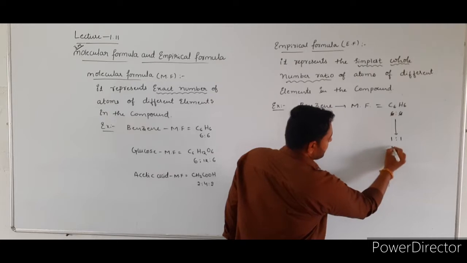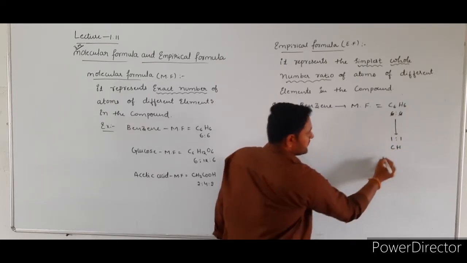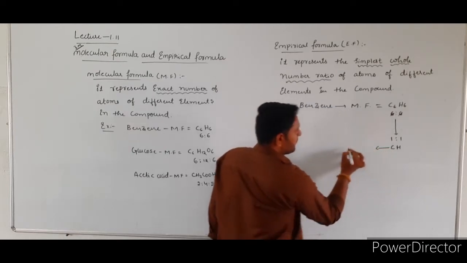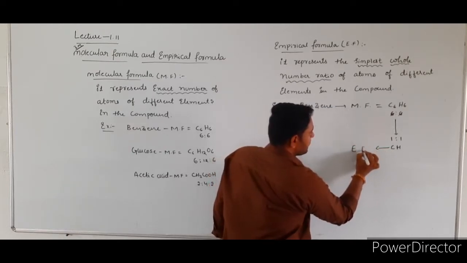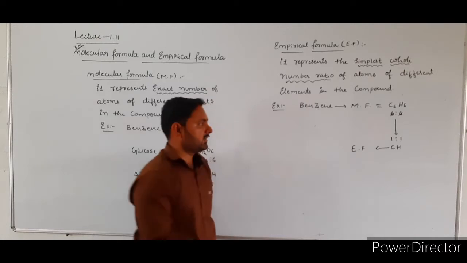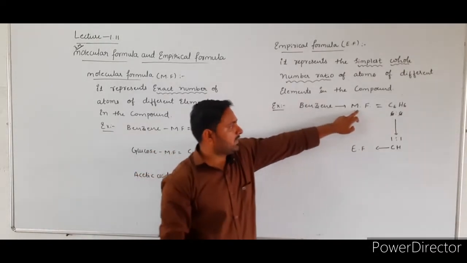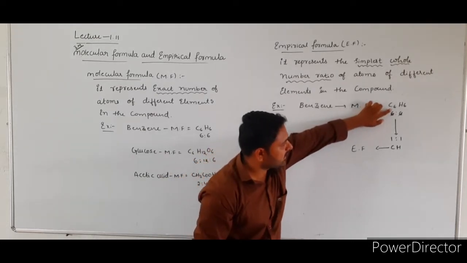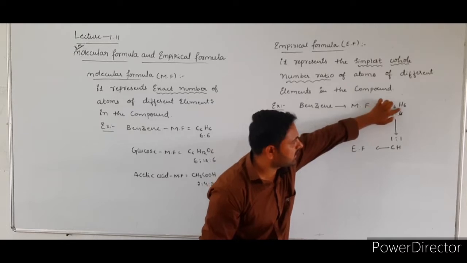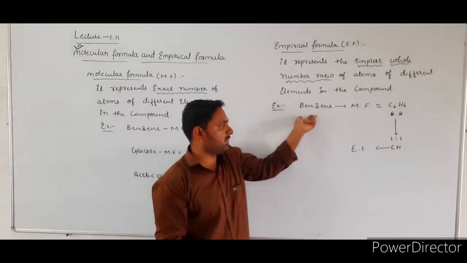Now how many carbon atoms are there? 1. How many hydrogen atoms? 1. This is the empirical formula. See, what is the difference between molecular formula and empirical formula? Molecular formula represents the exact number of carbons and hydrogens present in benzene.